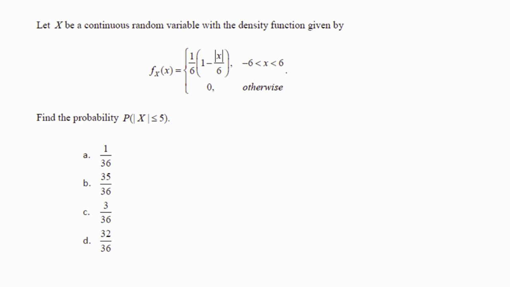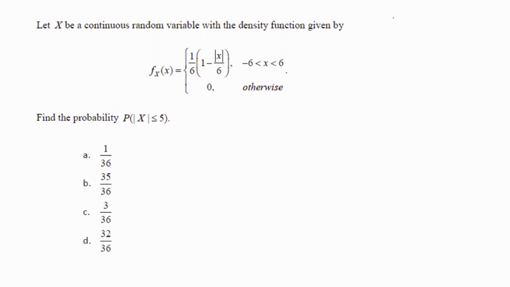So the next question we have here is that x is a continuous random variable with the density function given as f of x equals 1 by 6, 1 minus mod x by 6, when x is in between minus 6 to 6. And now we want to find the probability that mod x is less than 5.